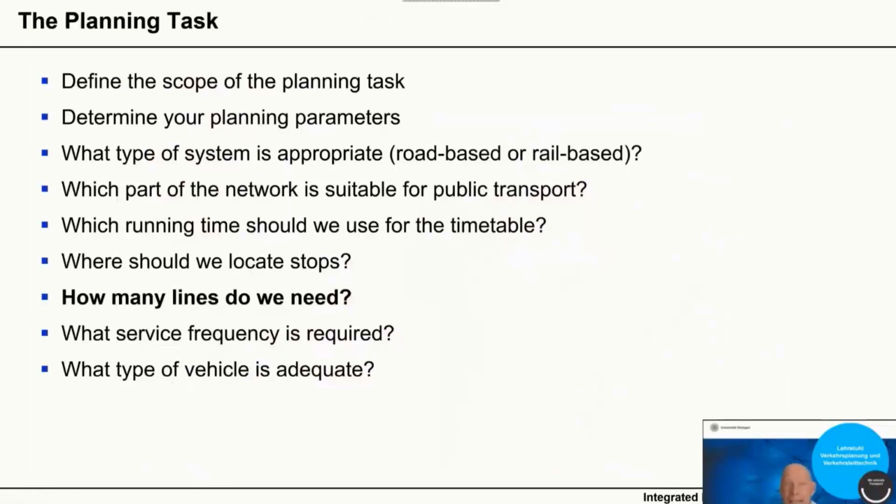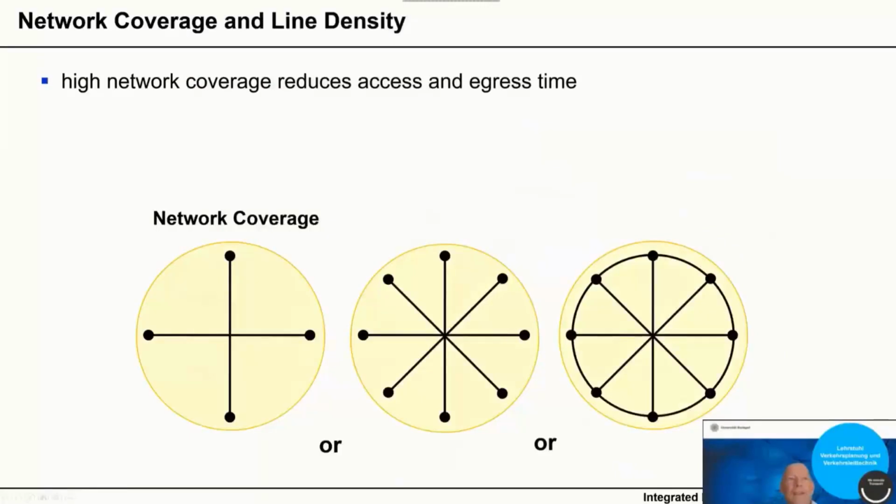Next question, how many lines do we need? Now, if you look at an artificial city, a ring city, you can, like a cake, cut it into pieces. And the more cake slices you have, the better your coverage.